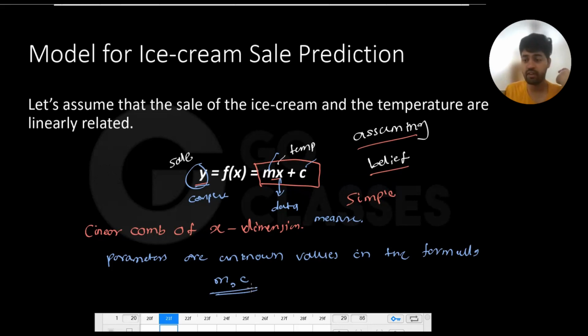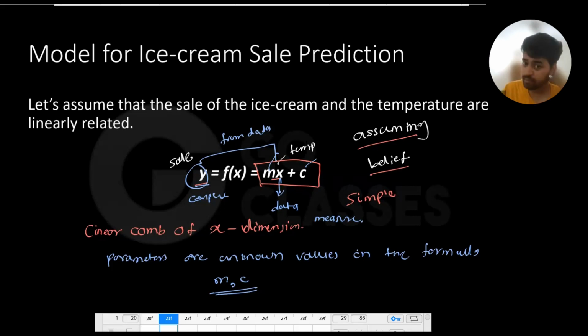I know we are going a bit slower, but it's important that you understand the difference between x and y and m and c. X and y are variables from your data. You can measure x on your own, or somebody can give it to you, and from that you can get y.